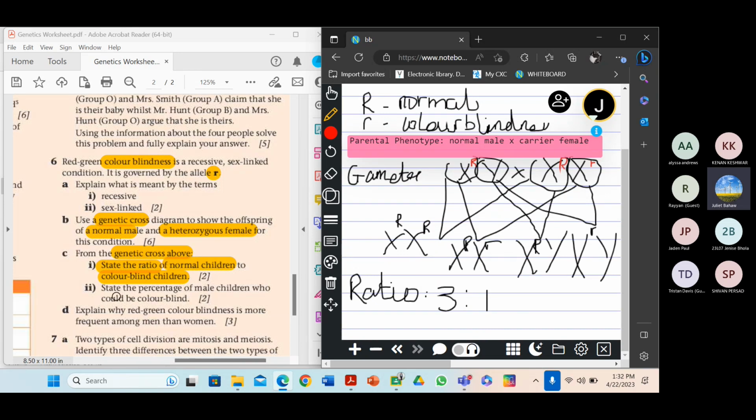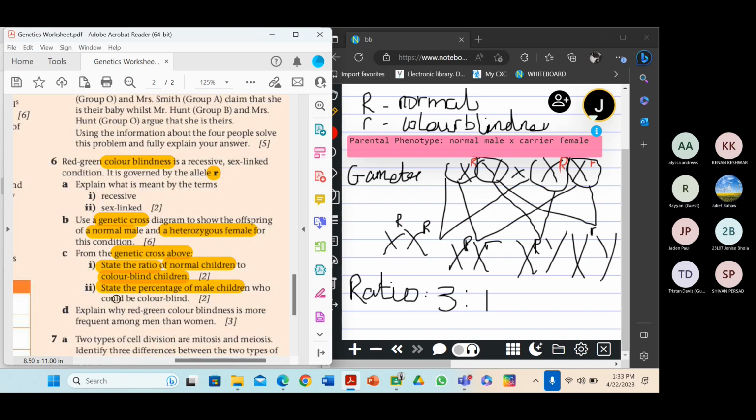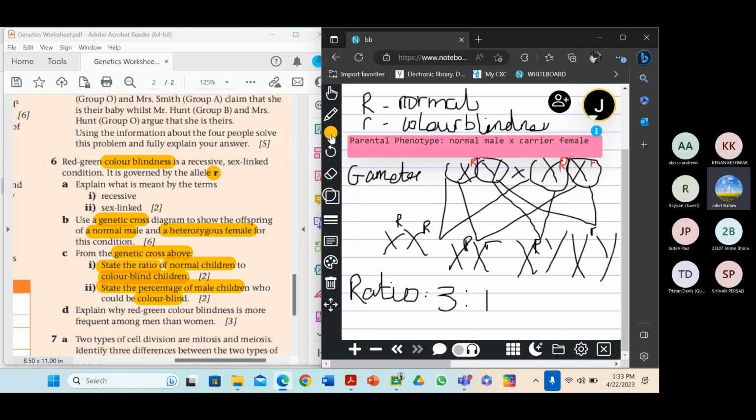All right, so the next part of the question: state the percentage of male children who could be colorblind. So now you have to look at these two and tell me.